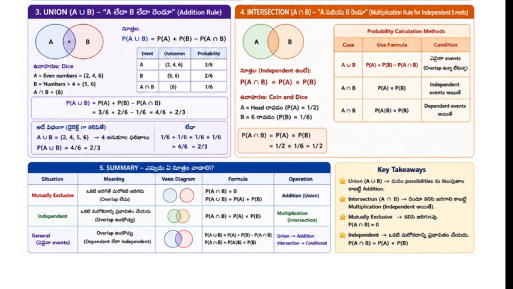But when we use the overlapping region to find only the probability of A or only the probability of B, we subtract that overlapping region from the whole set. That way we get the probability of A or B, where one event doesn't affect the other event.